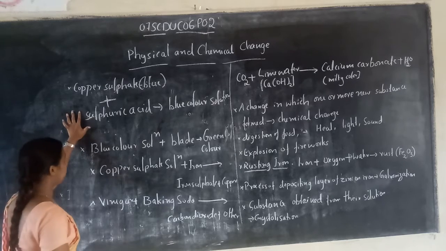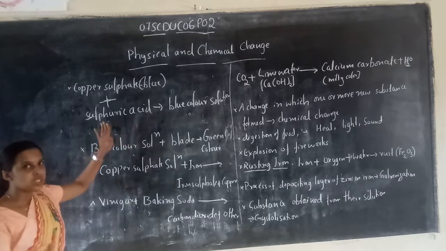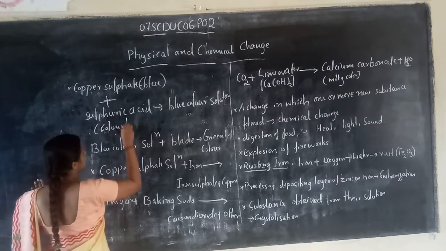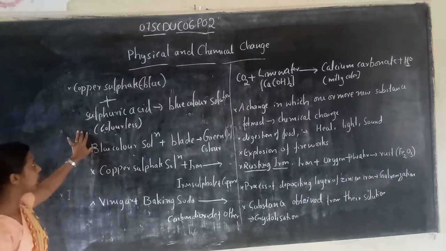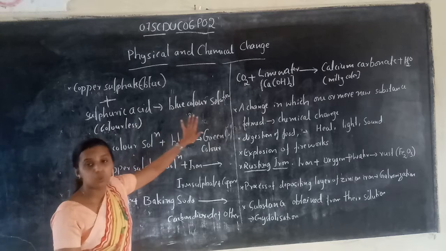So what happened? This copper sulfate was treated with sulfuric acid, which is a colorless solution. When copper sulfate is treated with colorless sulfuric acid, we get a blue color solution.